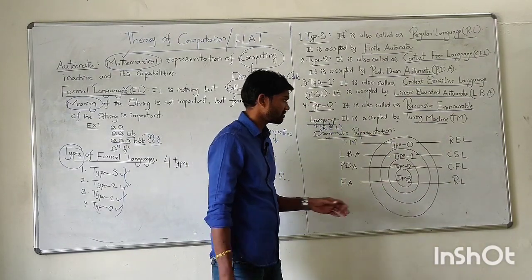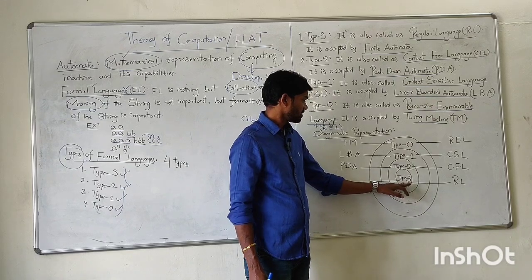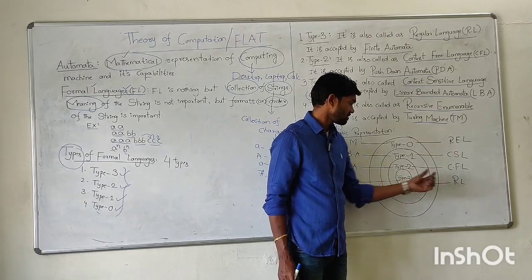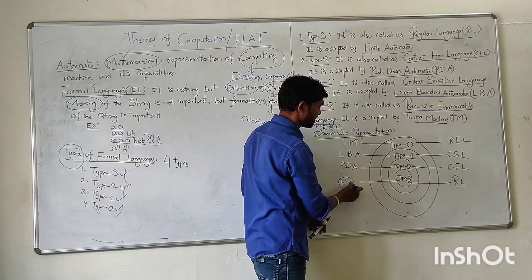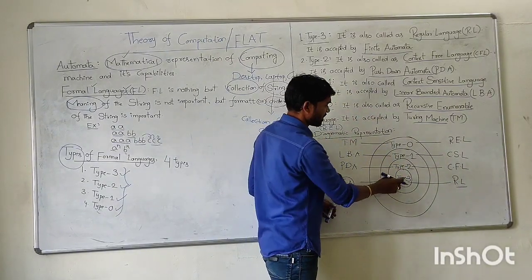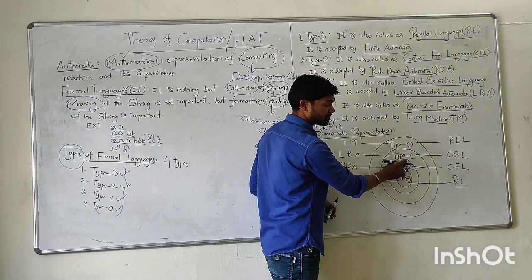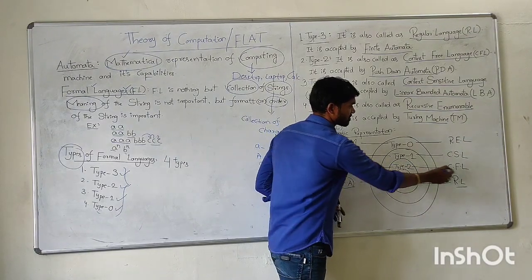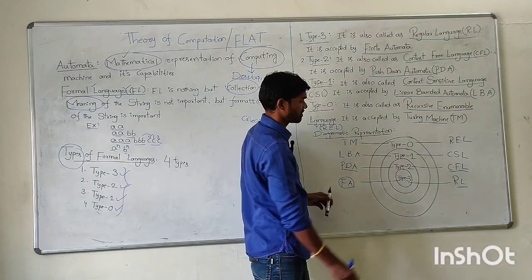Diagrammatically, we can represent type 3 language, also called regular language, accepted by a machine called finite automata. This type 3 language is a subset of type 2. Type 2 language is also called context free language, and it is accepted by push down automata.